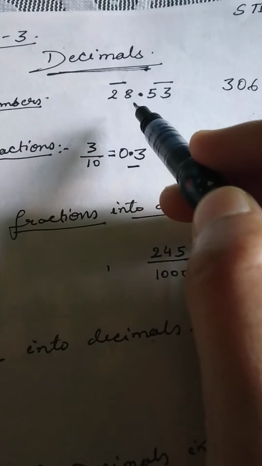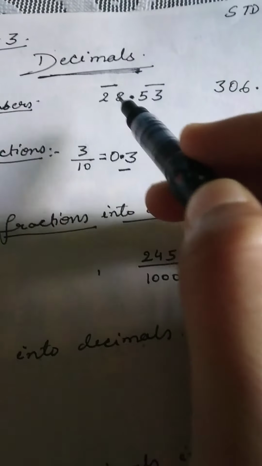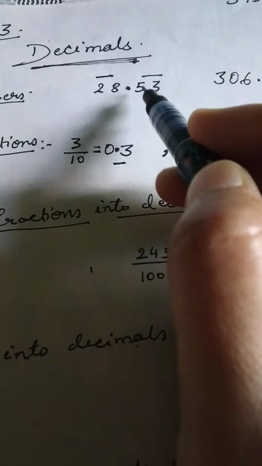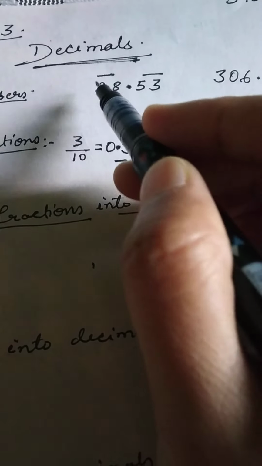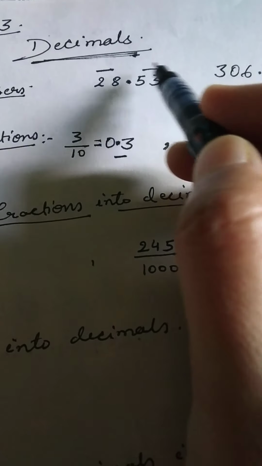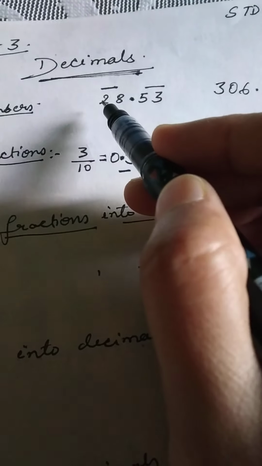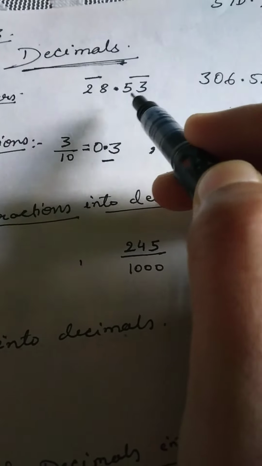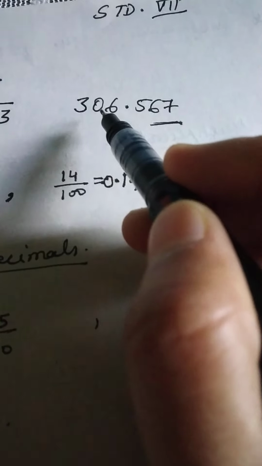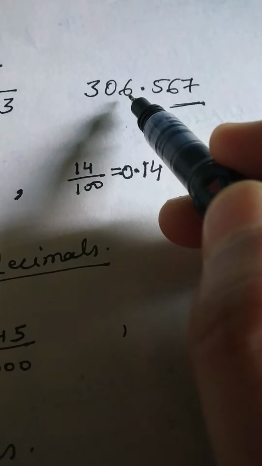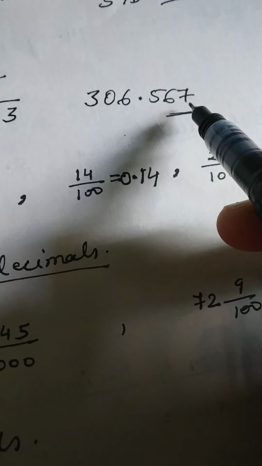Now how can we read these decimal numbers? We read it as 28.53. Do not read it as twenty-eight point fifty-three, because the part after the point is not a whole number. This is a decimal part. So reading the digits one by one is the right way. Now let's see one more example. 306.567.